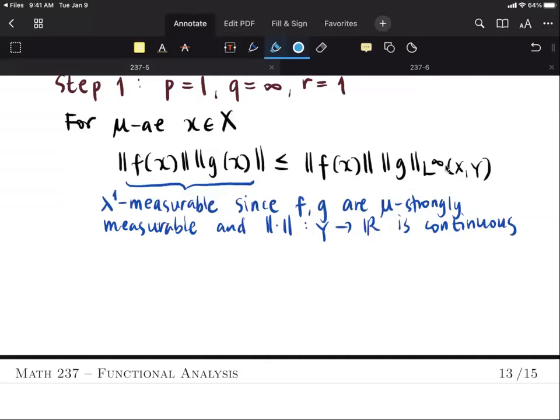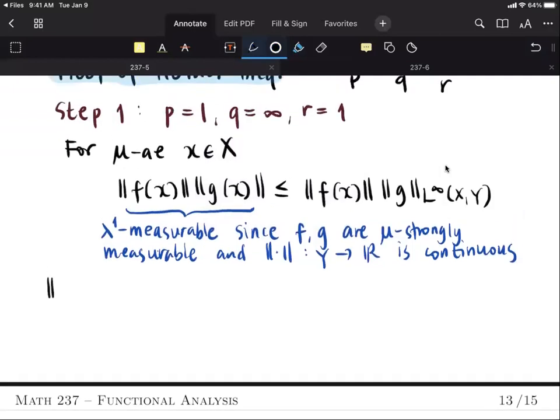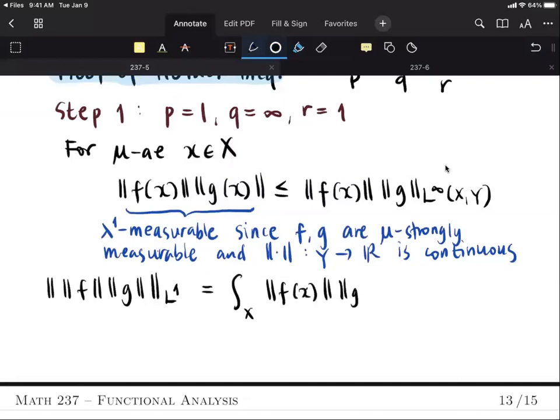And if we therefore compute the L1 norm of this product, this is by definition the integral over x of the norm of f of x times the norm of g of x, d mu of x.